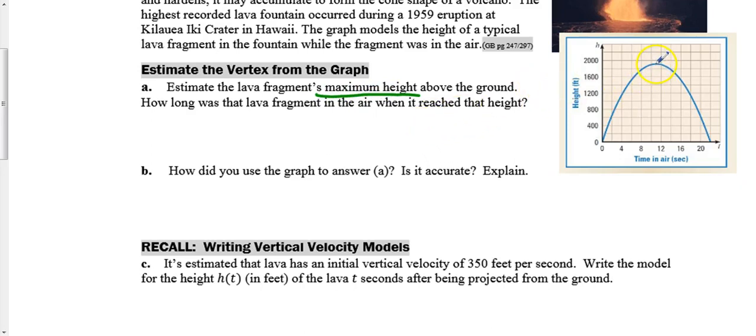I'm hoping we are drawn to this point right here as the maximum. It says estimate, and estimate means a guess. If we had to guess, I'm looking at my x value, 8, 9, maybe that's 10.